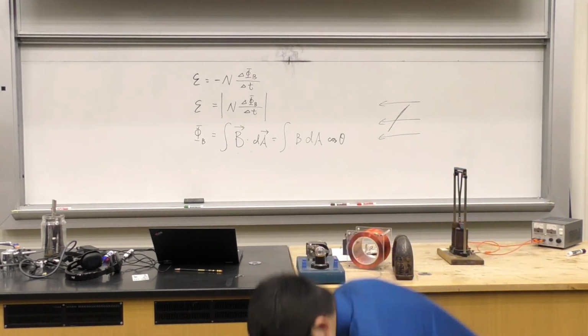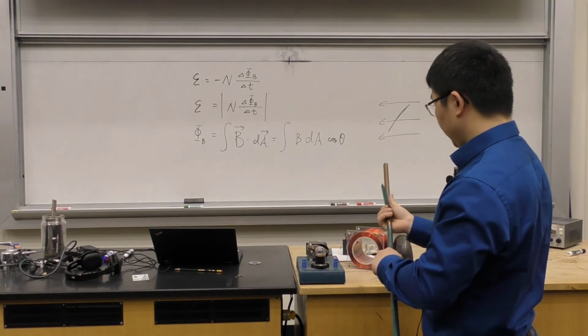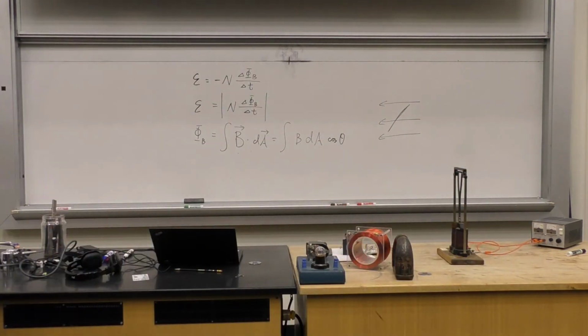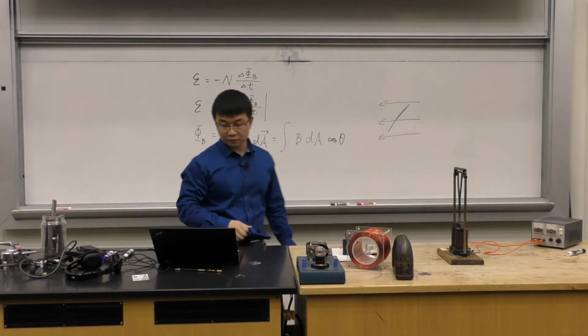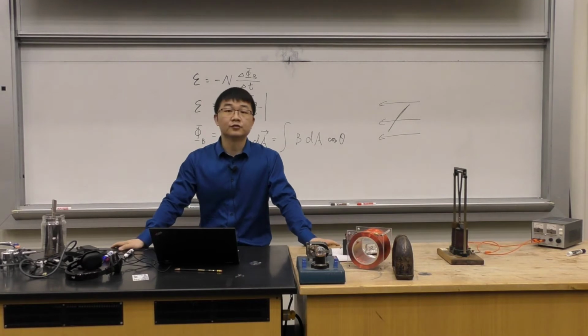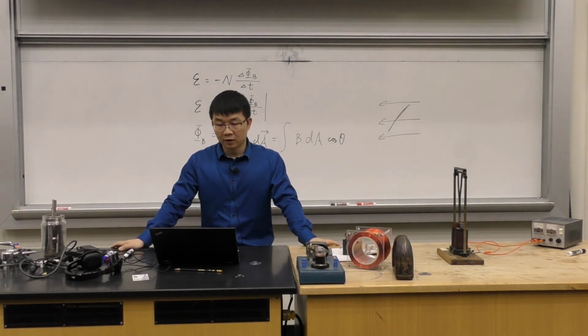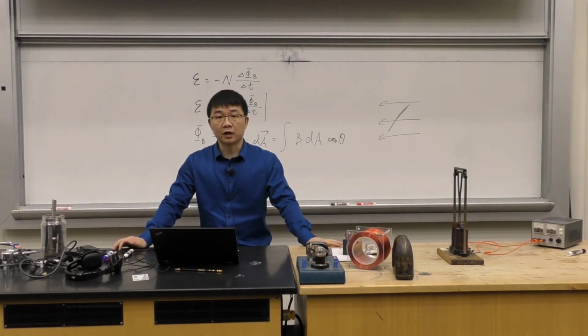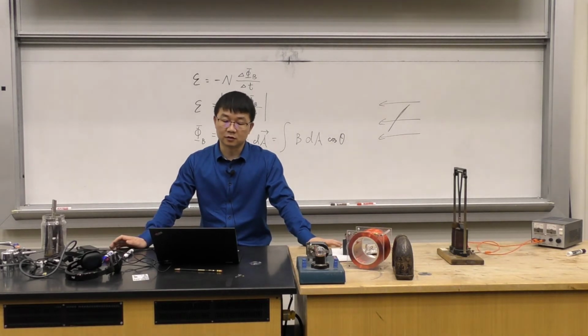So that's the demo for eddy currents. As I said, if there's a big piece of metal in a magnetic field and there's some relative motion, there will be induced current in this conductor, in the metal.